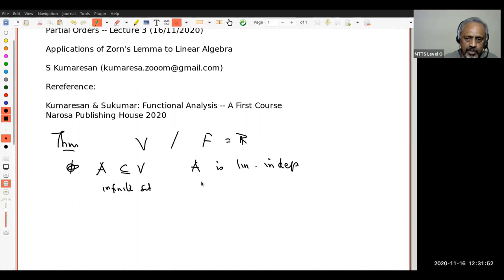So what do I mean by saying A is linearly independent? One has to remember the definition. We say any subset A of a vector space V is linearly independent if and only if every finite subset E of A is linearly independent.